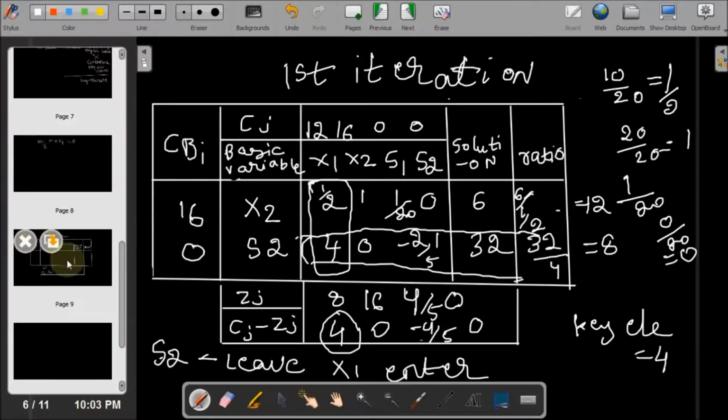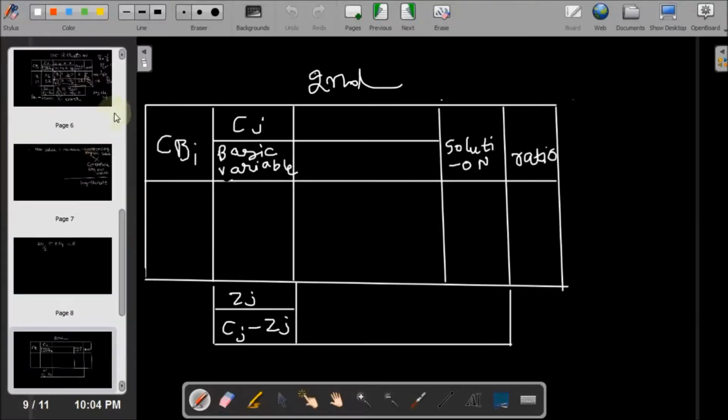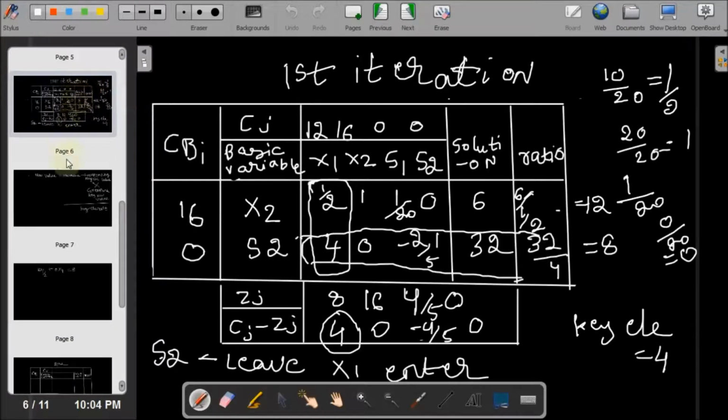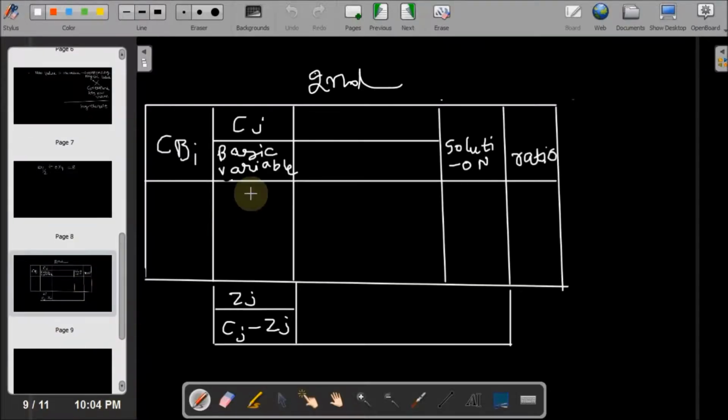So now I will calculate the new values. See, the table will look like this. So now which are the variables? X2, X1, because you know that X1 is entering. The Cj values will remain the same here also: 12, 16, 0, 0.